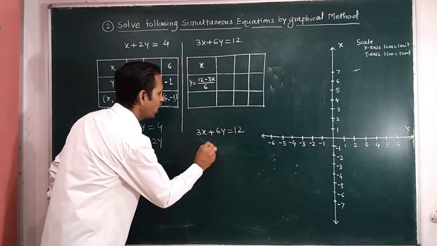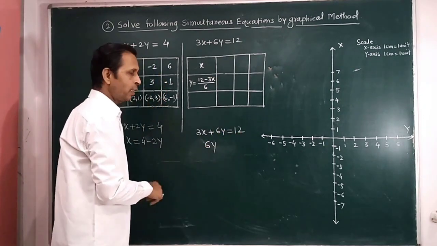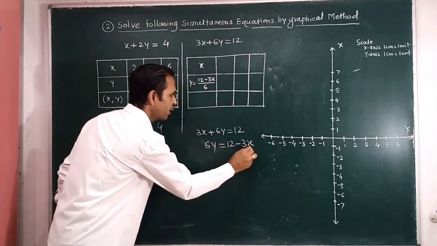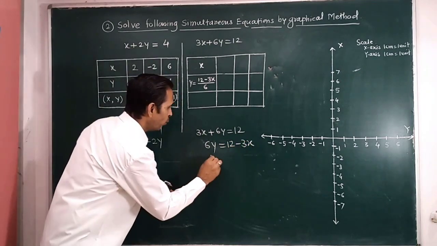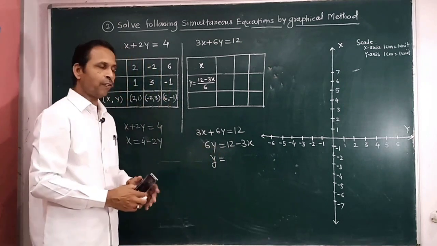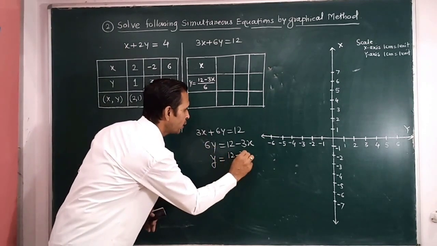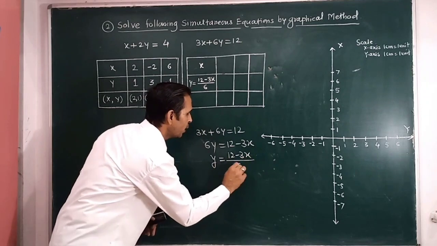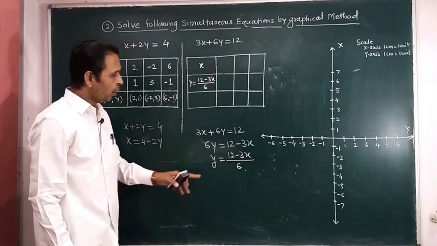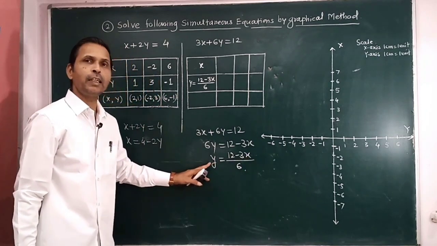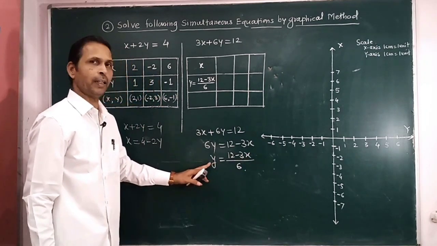We convert this equation to 6y = 12 minus 3x, so in the y form, y = (12 - 3x) divided by 6. Now when we put the value of x here, we can easily find the value of y.